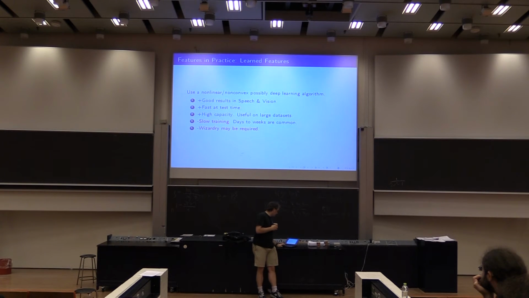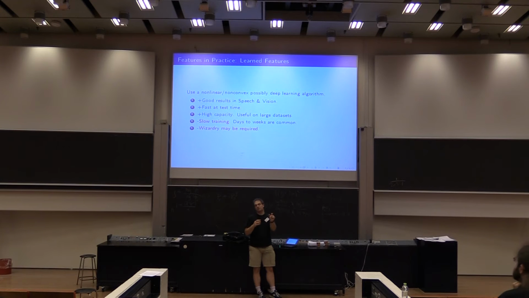There are pretty good results for this in speech and vision. It's really dominating solutions to speech and vision these days. It's relatively fast at test time because you choose how to build up features in a manner which is computationally tractable. And that means that whatever solution you eventually get is going to be computationally tractable. And you also have pretty high capacity because you're working from raw inputs, and you can have quite a few raw inputs.